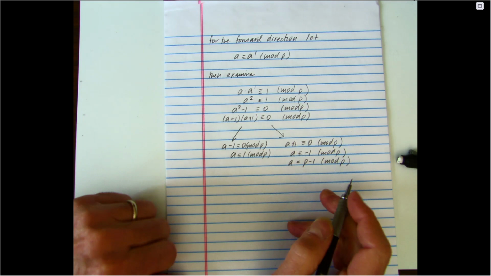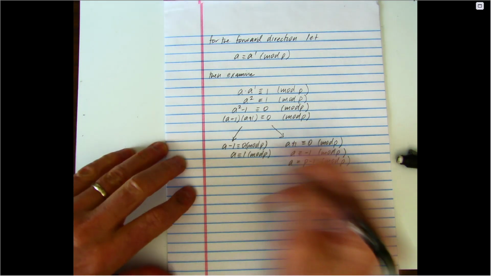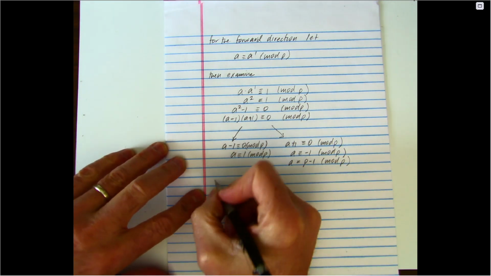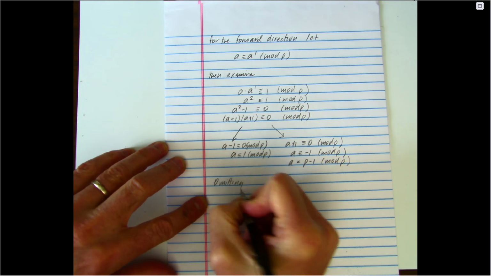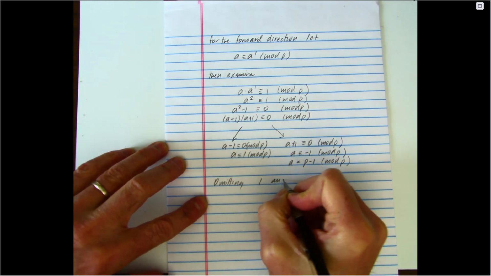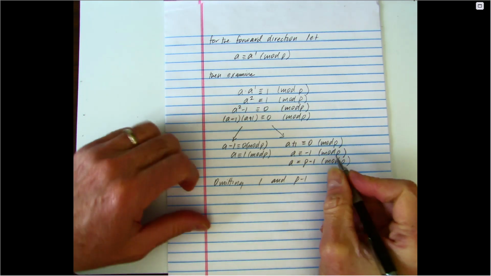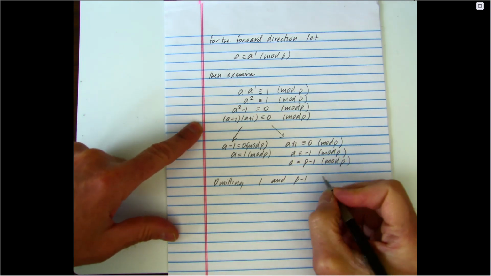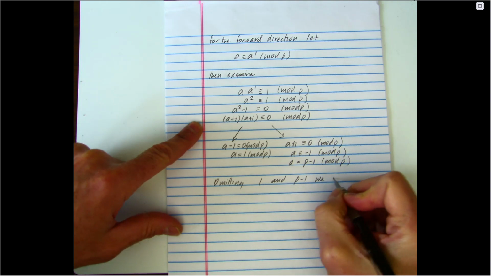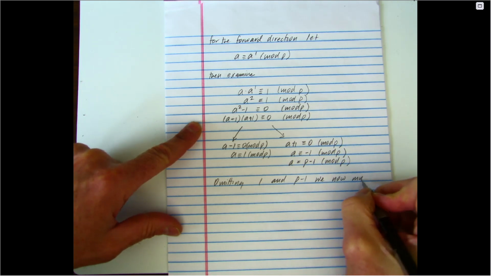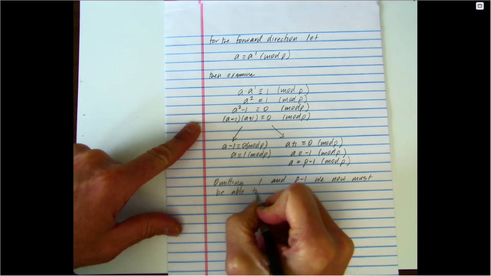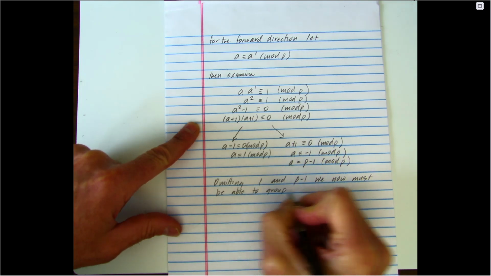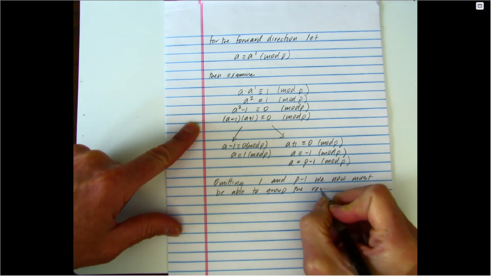So we've got that sub-goal done, and now, omitting 1 and p minus 1, we must be able to group the remaining choices.